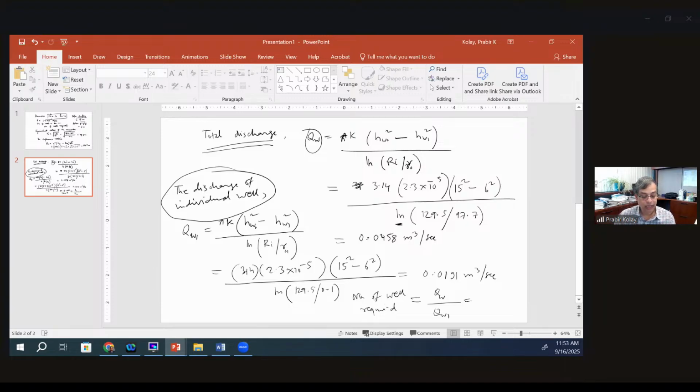So easily you can calculate that: 0.084 divided by 0.019. That will be approximately 26. Approximately 26 wells are required.